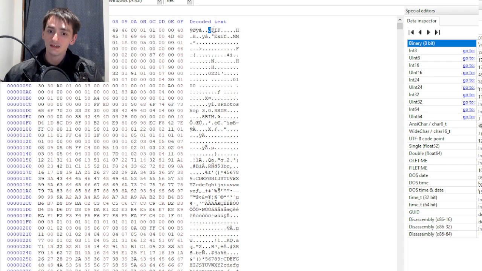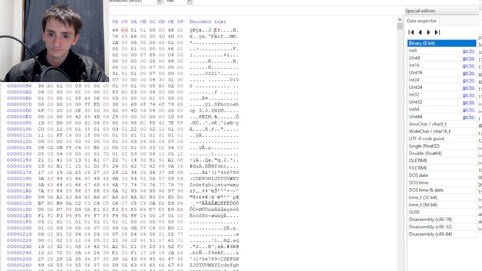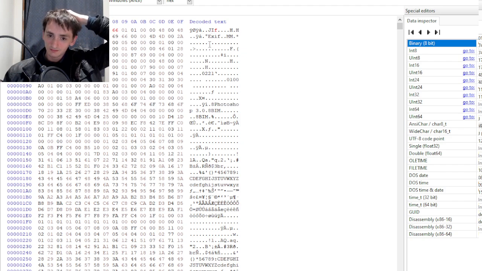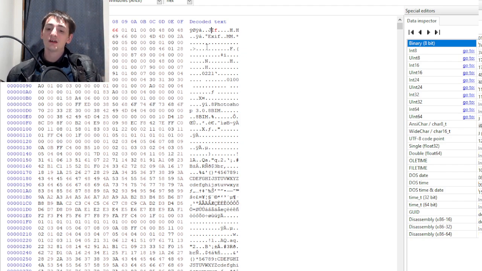Now, if it was say Unicode, we would see something like dot F, because that would use 2 bytes. But because it's using ASCII, you only see this chap here. So it's quite important to understand how that translates.